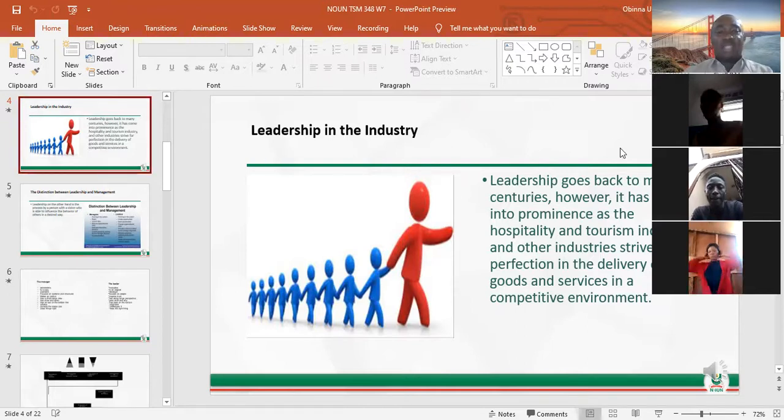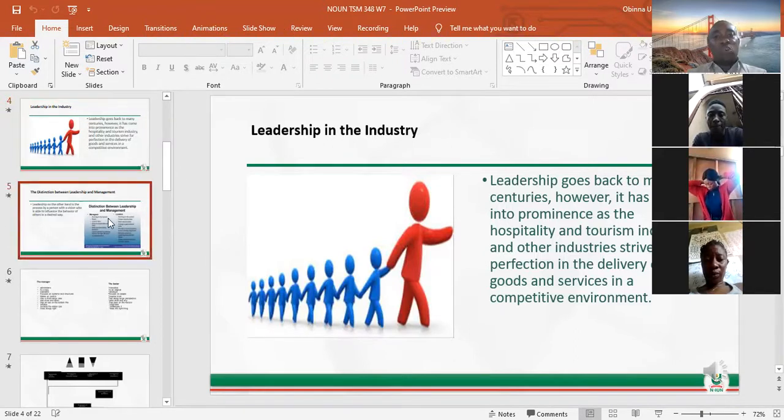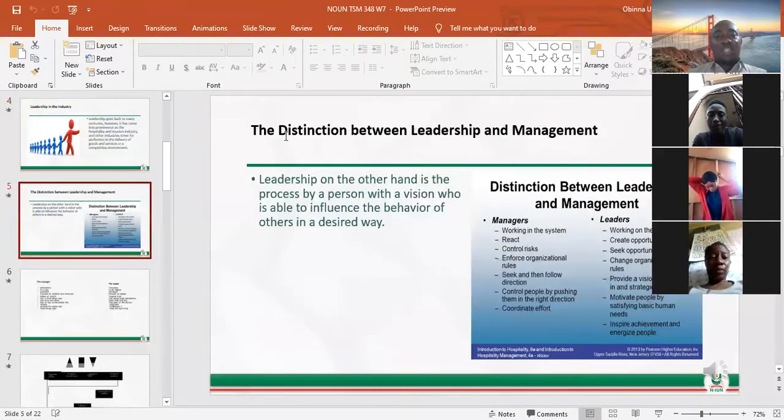Now, the leadership goes back to many centuries in definition. But in actuality, we begin to look at what leaders are or who they are.